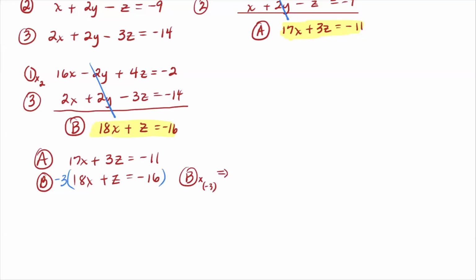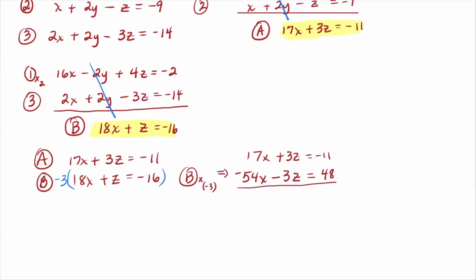So equation B multiplied by a negative 3 becomes 18 times 3, so negative 54x minus 3z equals 3 times negative 16. Negative 3 times negative 16 is a positive 48. And then I'll just bring over equation A as it is: 17x plus 3z equals negative 11.